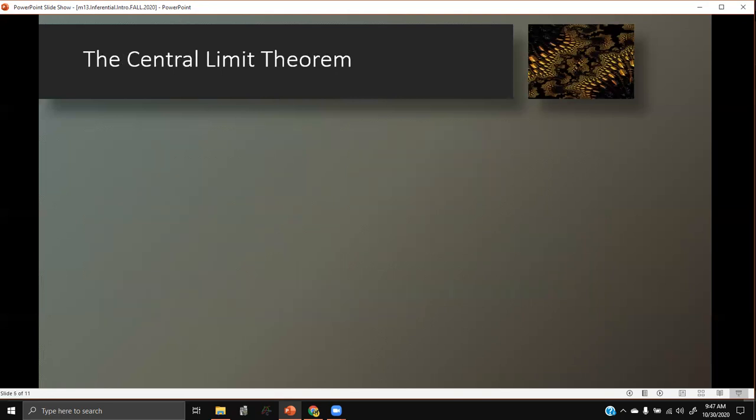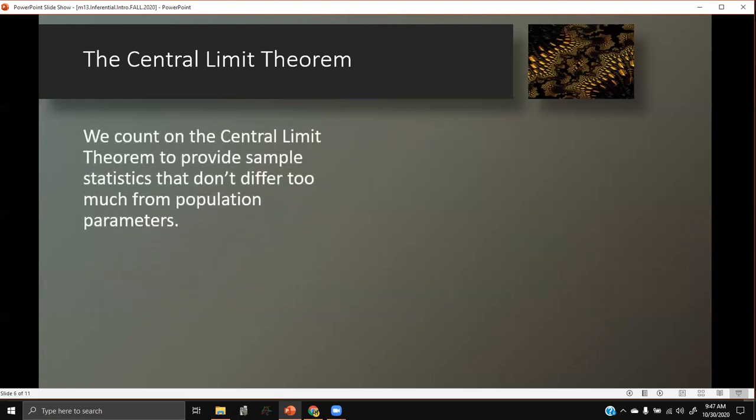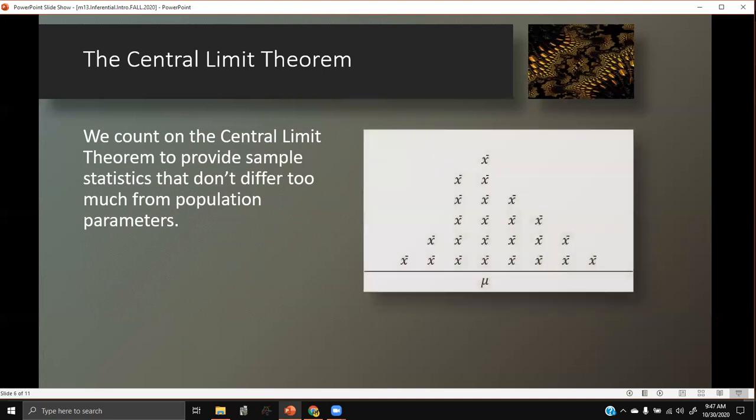This is where the central limit theorem comes into play. We count on that central limit theorem to provide sample statistics that don't differ too much from population parameters. We'll have a sample. Some of them might be far from the true population mean. Some of the samples might be close to the true population mean.